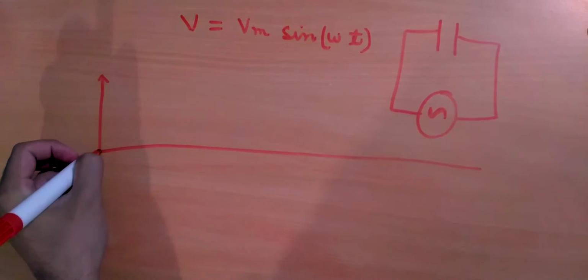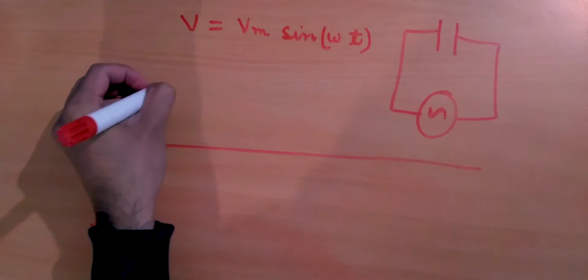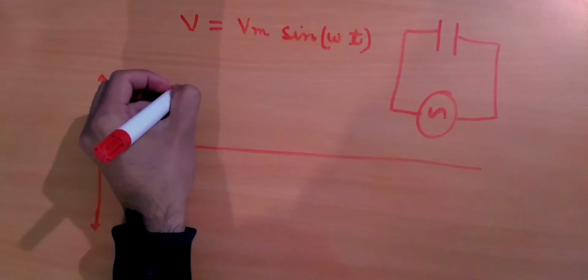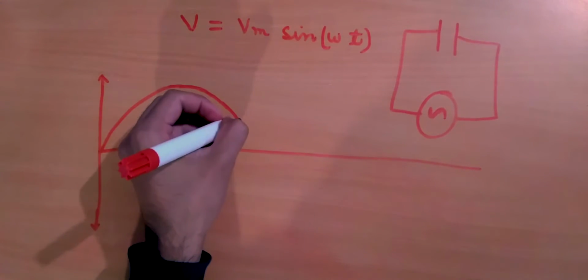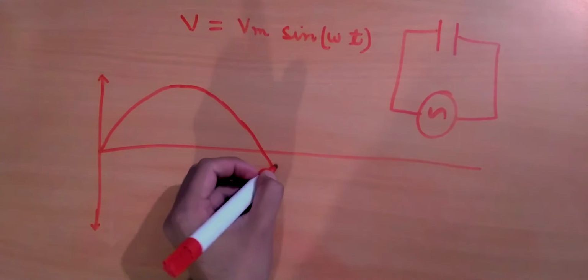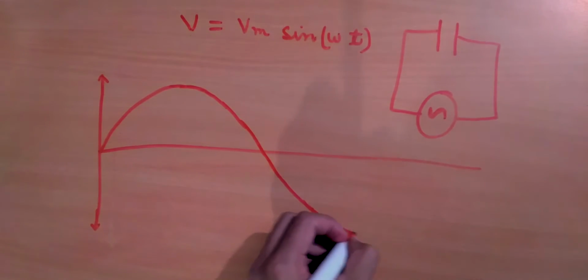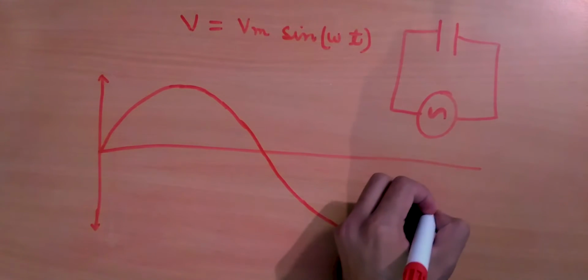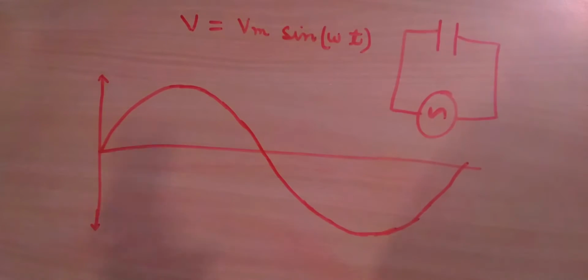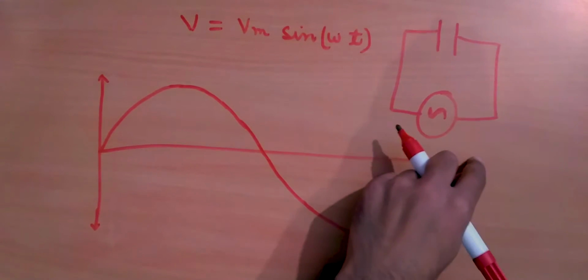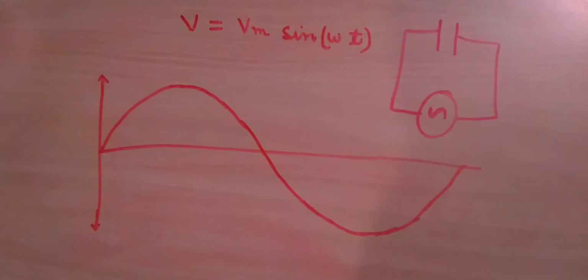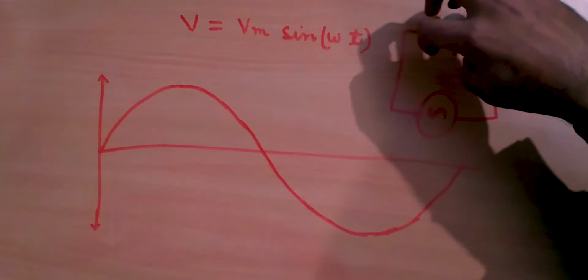It starts at 0, goes to a maximum positive value, then starts reducing, comes to 0, then goes to a negative maximum value, and then comes back to 0, and this continues. So let us just stick to one particular cycle of voltage change. And now let us have a look at what happens at the capacitor.